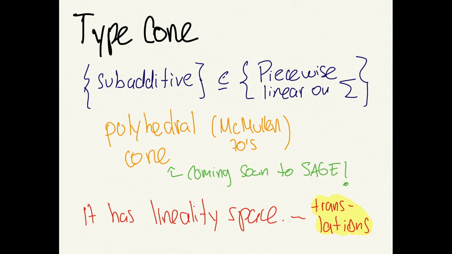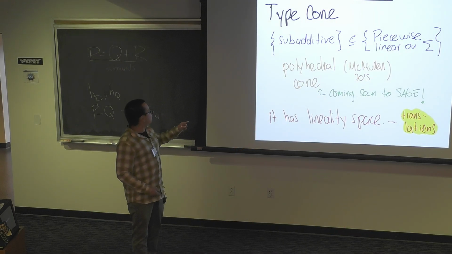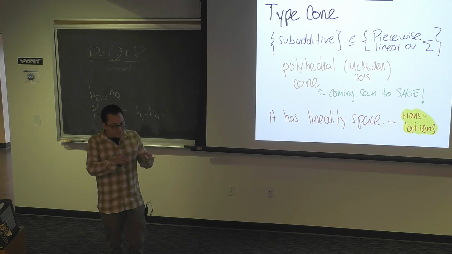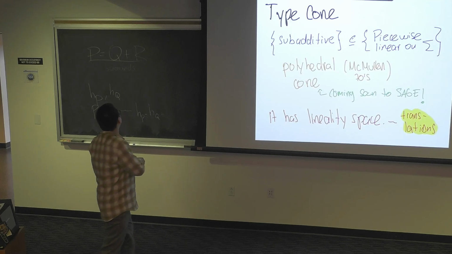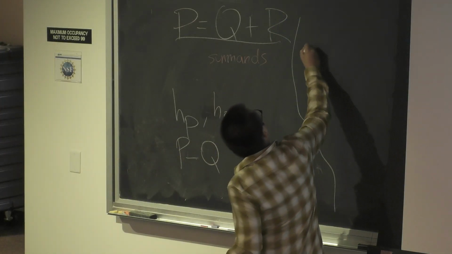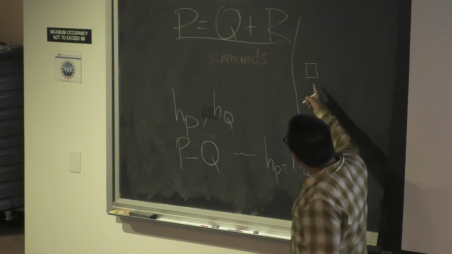Is it closed? Yes, because the boundary consists of things that, let's do one example. For example, this guy, the square, what will be a summand of this?